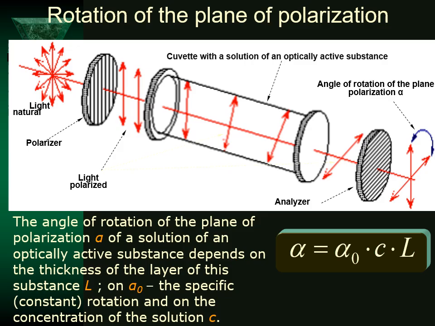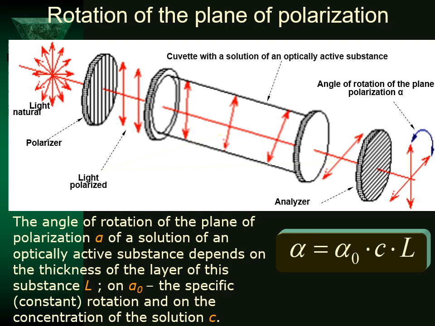The measured angle, please note, indicated by the letter alpha, depends on L, the thickness of the cuvette layer, or this substance, and on the concentration of the optically active substance, that is, on the concentration of sugar molecules. The more sugar there is in the urine or in the blood, the more the plane of polarization will turn around.